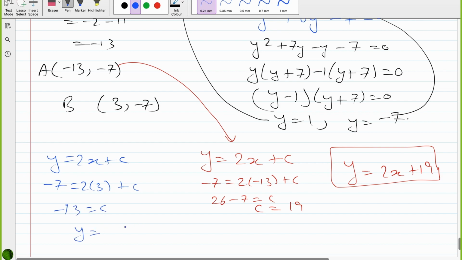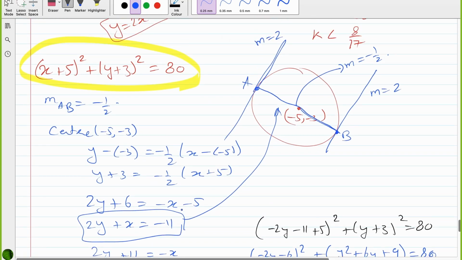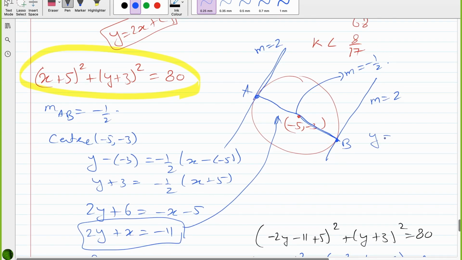So the two possible equations are y = 2x - 13, which is the lower one, and y = 2x + 19.